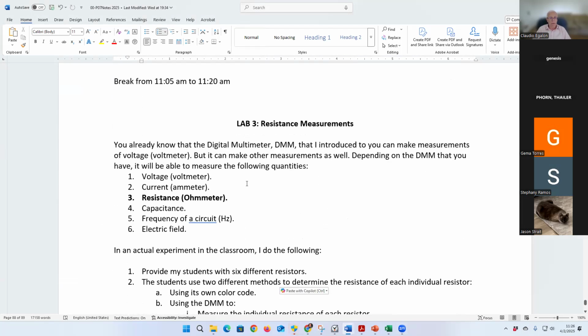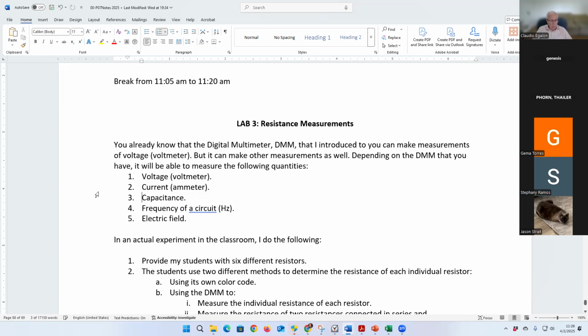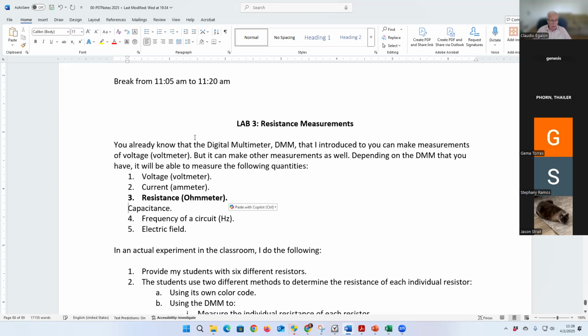Okay, you already know about the digital multimeter that I introduced before. It's called multimeter because it can measure several different parameters. You already know that we can measure voltage. We covered that before. And the next measurement that we are going to do is the resistance measurement.